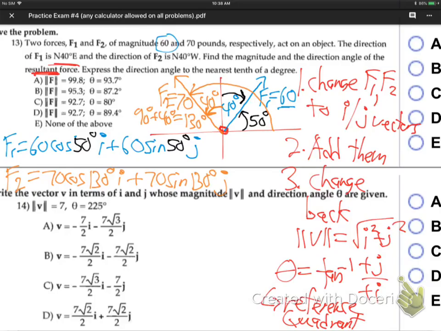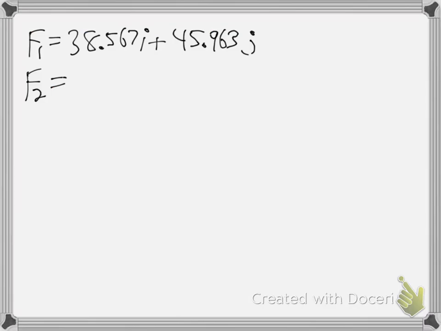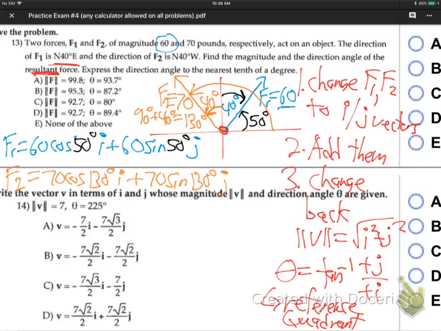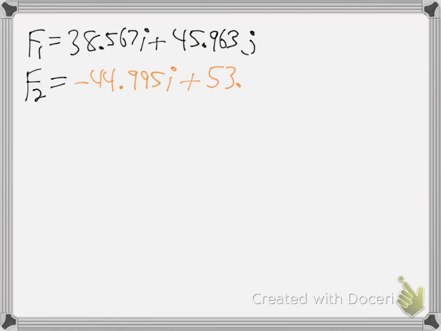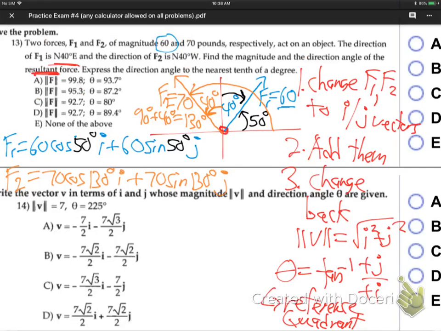Force 2 is 70 cosine 130, negative 44.995i, and 53.623j. So we okay? You guys all making sense out of that?